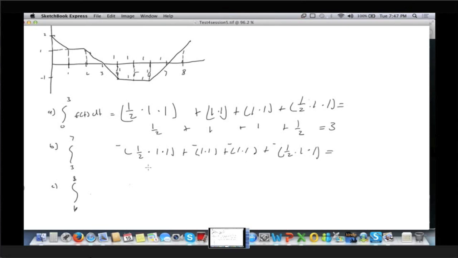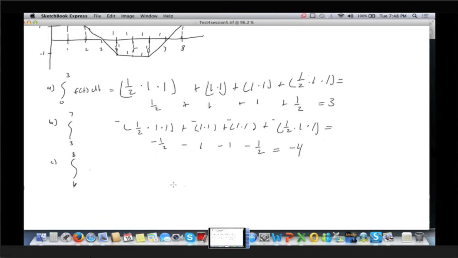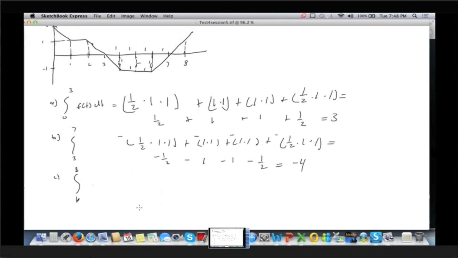You could just say minus instead of plus or minus. Check your arithmetic on the last problem.